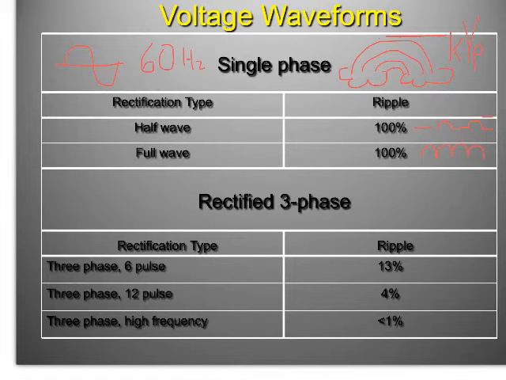Okay? This rectification process. I won't belabor the point anymore, but to say that 3-phase 12 pulse just has that many more pulses to it, so that we've doubled it down yet again. We're going to decrease the ripple to 4%, and when we get to the high frequency room, like the presidential suite, that's less than 1% ripple. Okay?